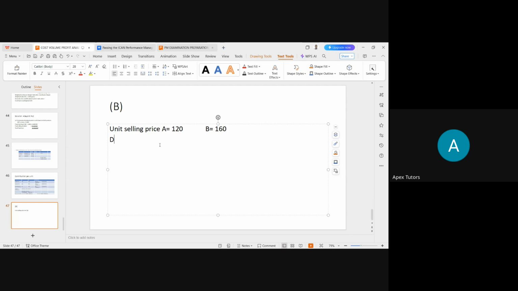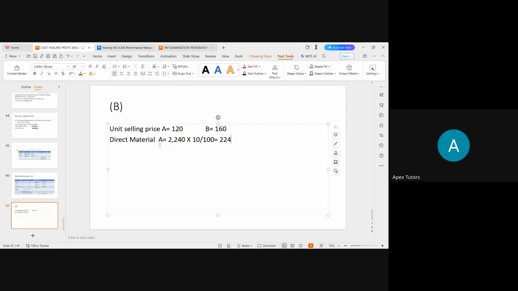Direct material for A, that is going to reduce by 10%. So you can decide to solve this way if you want. 2240 multiplied by 10%, the result will be 224.